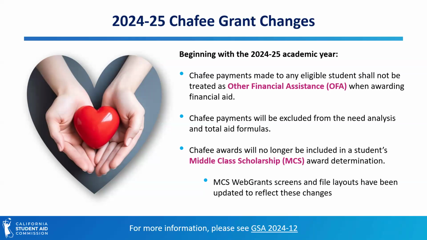This is fantastic for our current and former foster youth who often are facing barriers and obstacles to completing their education. Getting more money in their hands will allow them to meet their basic needs and to continue their educational journey. For more information, I recommend reading our Grant Special Alert 2412, which is linked at the bottom of the slide.